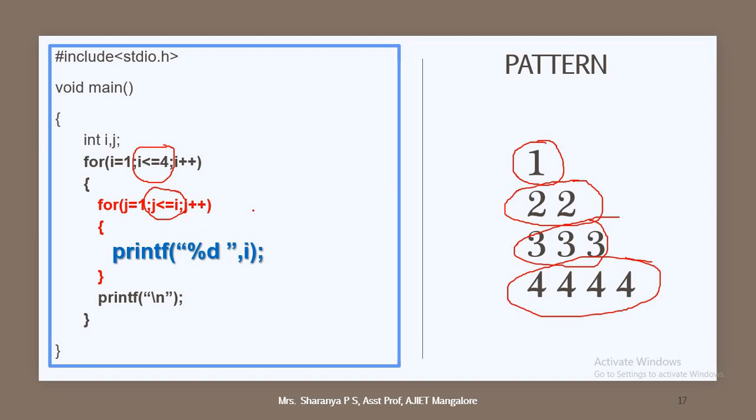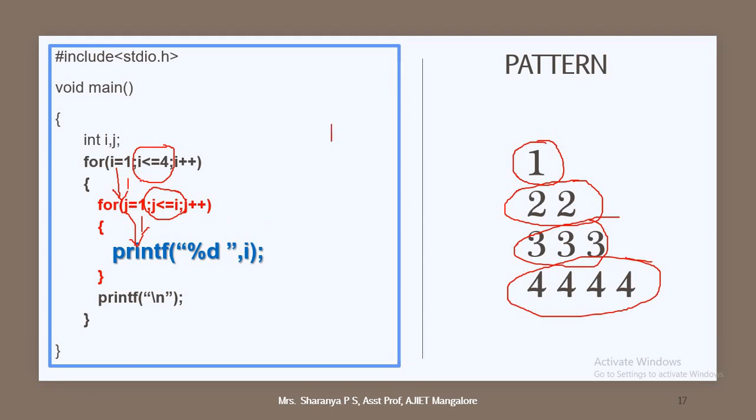And what we are supposed to print, if you observe now, is that with the I value 1 it will come in, and with the J value 1 it will be processing. What if we bring the I value inside? First time it will print 1.